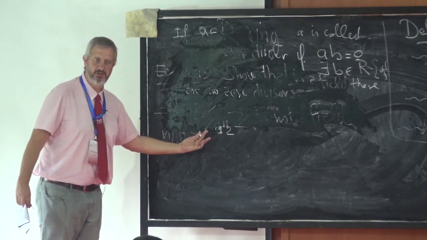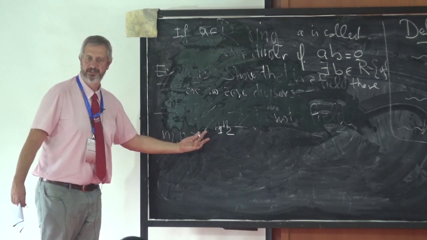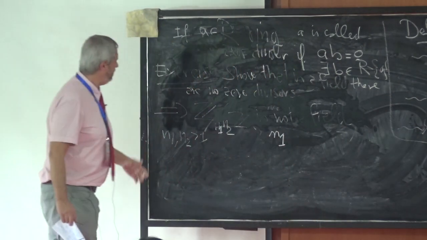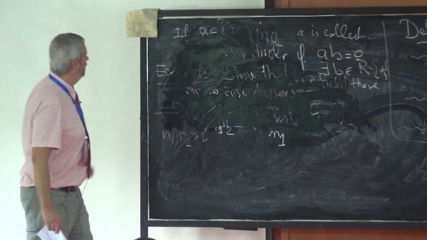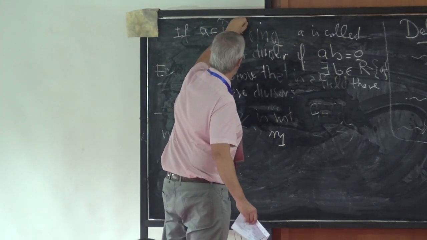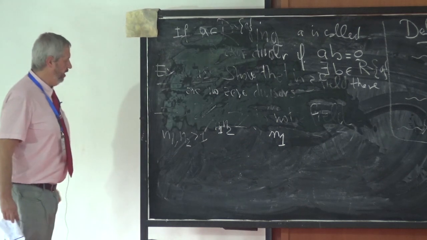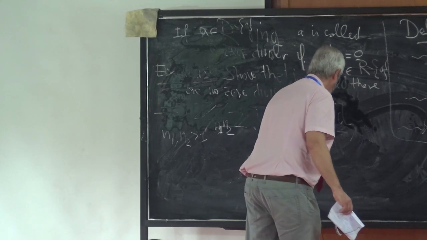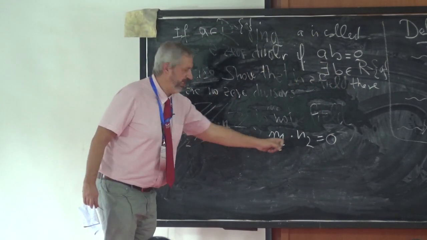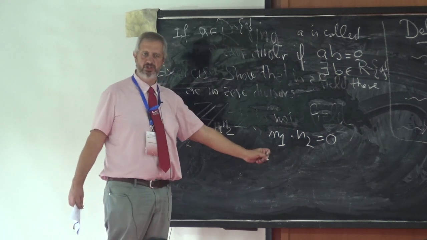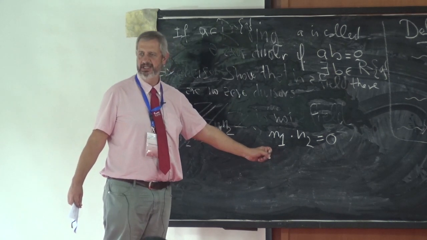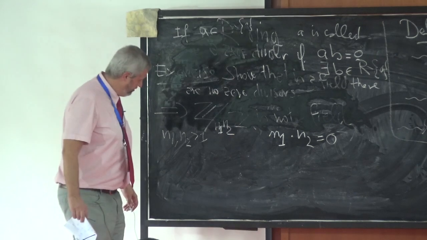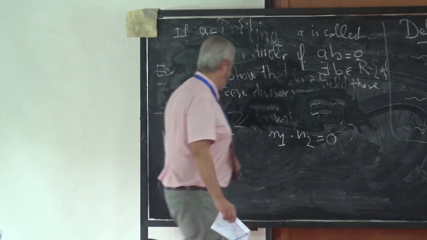And what is a zero divisor in this ring? n1, right? n1 is a non-zero element. Okay, so I guess also this A, I would like to take it non-zero. So n1 is a non-zero element here, but times n2, it gives me 0, right? Because I have to take the product, and then I have to make the division by n1 times n2, and the remainder is 0. So n1 times n2 mod n1 times n2 is 0. Okay, so this is 0, so not a field.